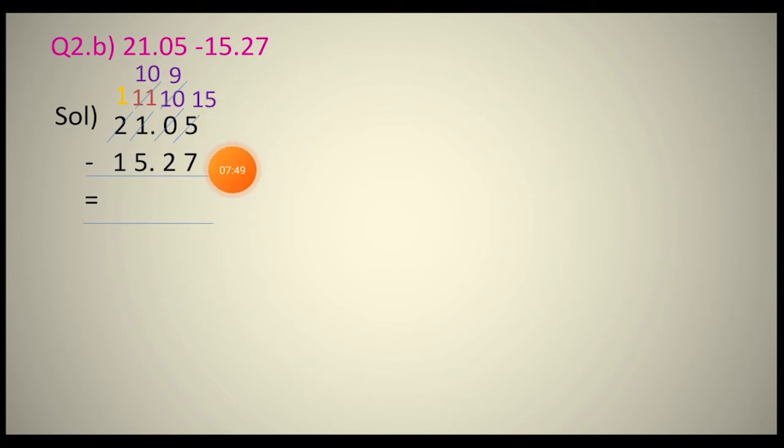So now it is possible to get the subtraction done. So 15 minus 7 will give us here 8, 9 minus 2 will give us 7. Now see here, this decimal will be brought down as it is, and this 10 minus 5 will get 5, and 1 minus 1 is 0. So we got here 5.78 as a difference.